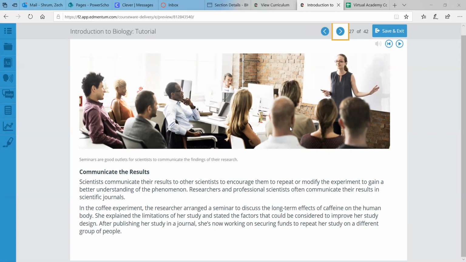Like I said, scientific journals are one of the more established ways to communicate with other scientists in your field. This researcher had a seminar, which is like a little presentation room area where scientists talk to each other and talk about their studies, the experiments, what happened, what trouble they had, what they can learn, and what they would do differently in the future.